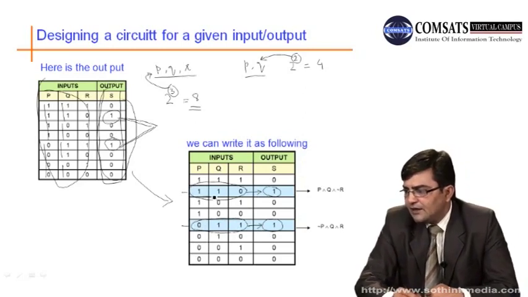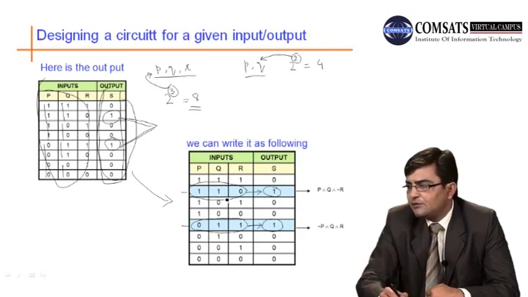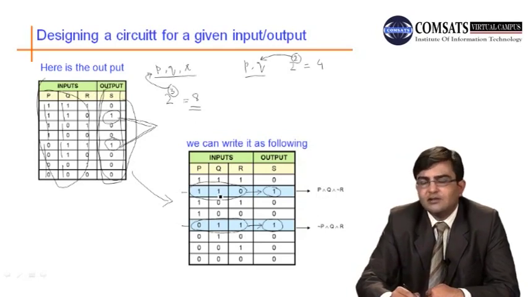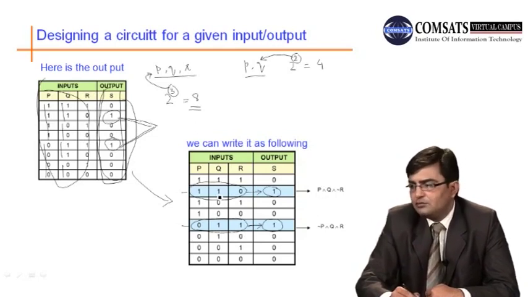Now what is the input here? The input here is 1, which corresponds to P. Here we also have 1 or true, and here we have 0. 1 means Q and 0 means not R. So we write it as P and Q and not R, which represents 1, 1, 0 as input.